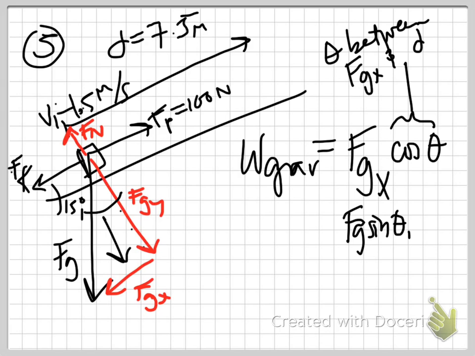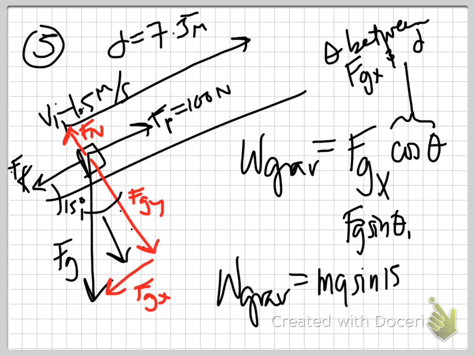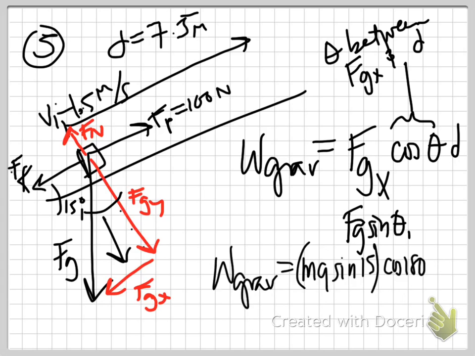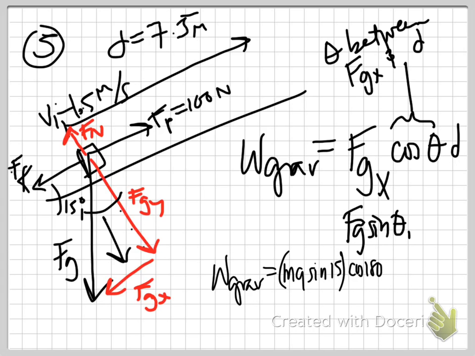What direction is the crate moving on the ramp? Up the ramp. So what's the angle between those two? 180. So the work done by gravity is equal to mass, gravity, sine of 15, times cosine of 180, times the distance that we move the crate.